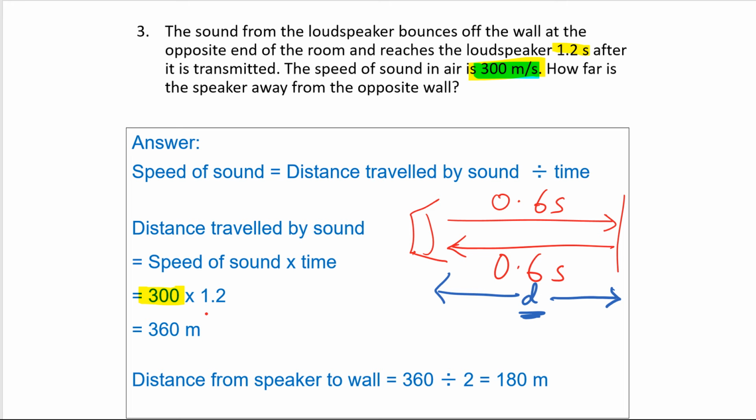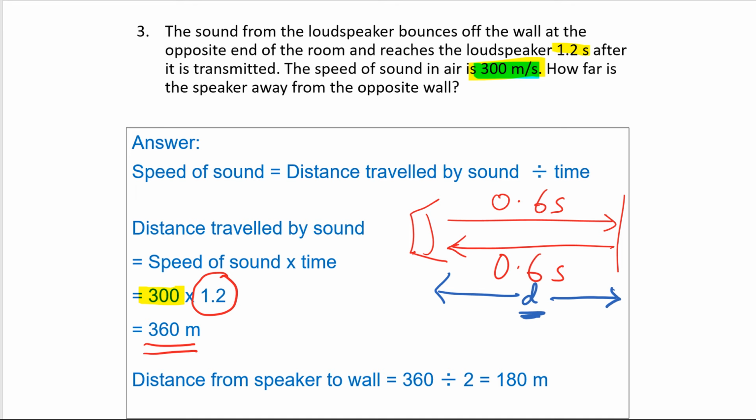Now take note, if the time that you use is 1.2 seconds, which means it's the total time taken by the sound to reach the speaker again, this value that you're calculating is actually the distance from here to the wall and back. But since the question only wants you to find the distance from the loudspeaker to the wall, I will then divide the answer by 2.